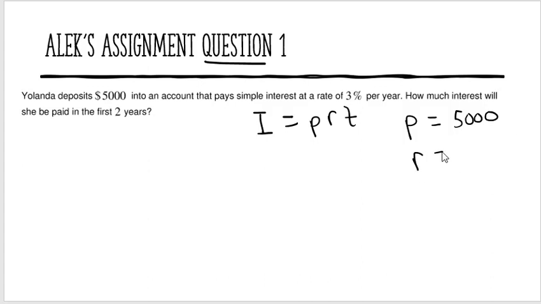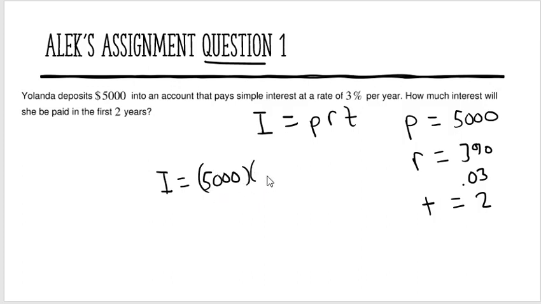Okay, and then it says that the account pays a simple interest rate of 3% per year. Remember, we want this to be a decimal, so we change that to 0.03. And then the time in years, so it says how much interest will she be paid in the first 2 years. Okay, so now we take the I and we do principal, which is 5,000, times our rate, which is 0.03, and then times 2.